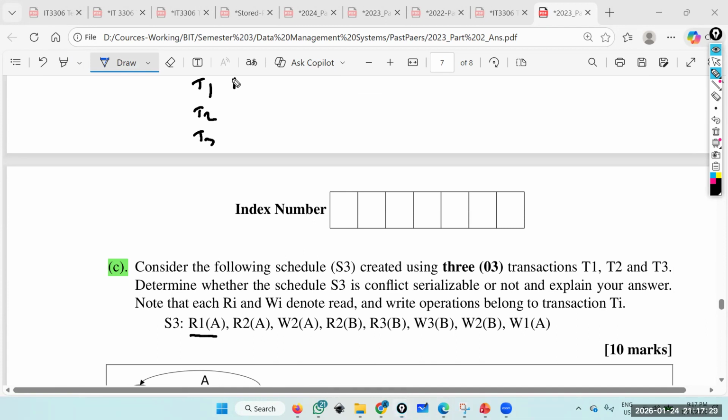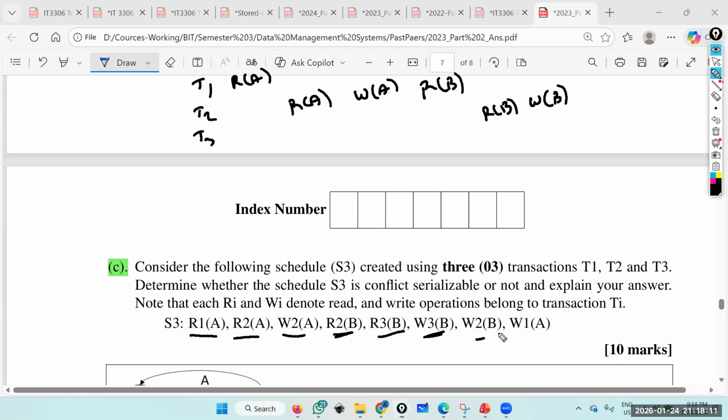Read A, write A. Sorry, read A. Write A, read B, read B, write B by the third transaction, write B, second transaction, and write A, first transaction.